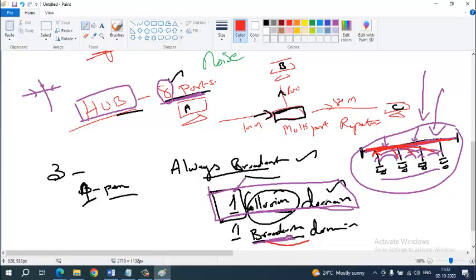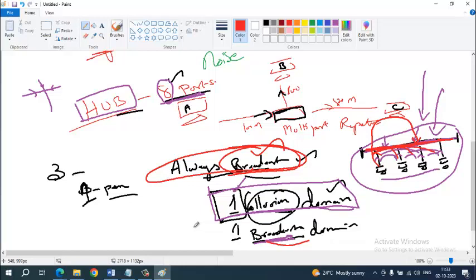As a result, you always need to broadcast because there is no separate path to reach from A to C. There is only one common backbone. Anything that touches this backbone goes to everyone. That is why it is always broadcast.